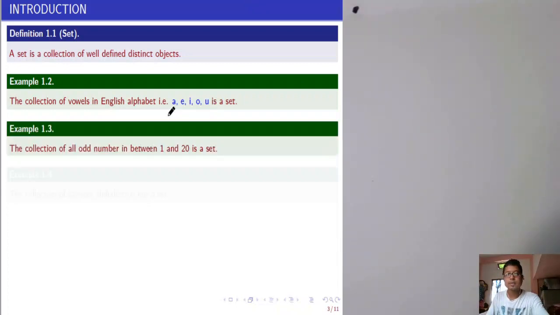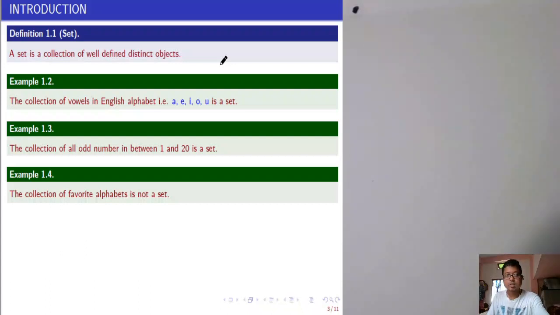Let us consider another example: the collection of all odd numbers between 1 and 20. If I ask you to collect all odd numbers between 1 and 20, again everyone will give me the same answer. That is well defined, and that collection will also be distinct. That's why it is a set.